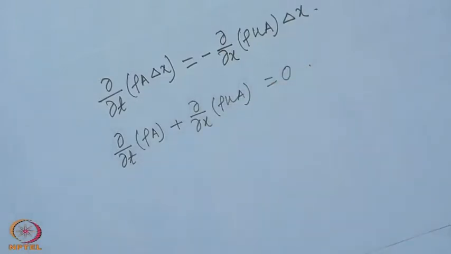This is the mass conservation or continuity equation for one dimensional compressible flow through a tube or duct whose cross sectional area is A.